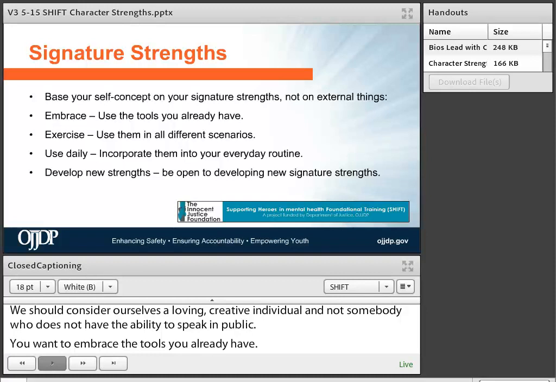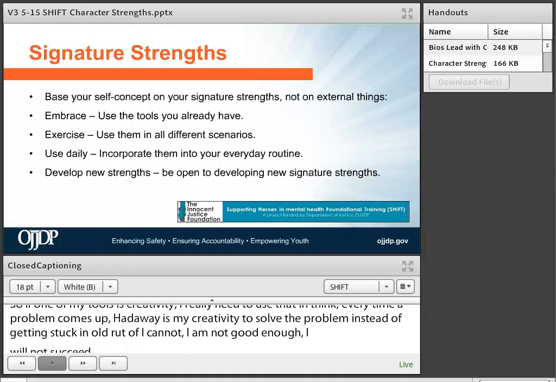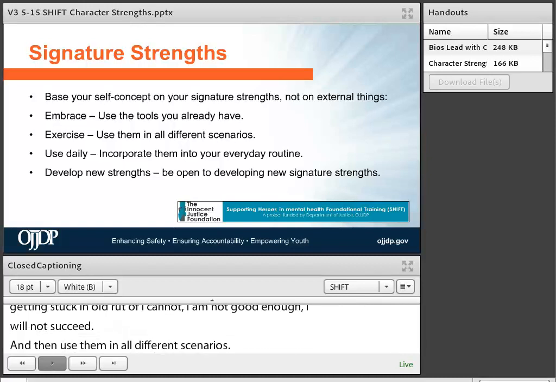So maybe today I need to use my creativity when it comes to getting my kids to soccer practice, or maybe tomorrow I need to use my creativity when it comes to how do I negotiate 2 meetings that are supposed to be happening right back to back, or how do I work with my coworkers or my supervisor who I'm struggling with. So you can use the skills you have in every different environment and arena of your life.